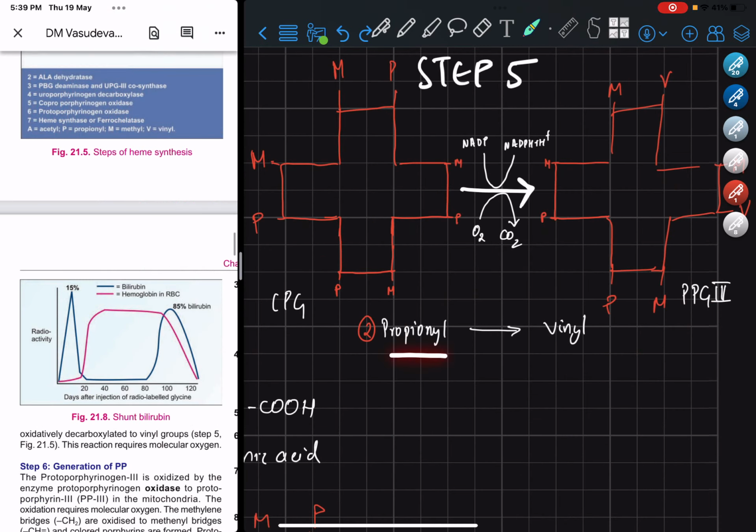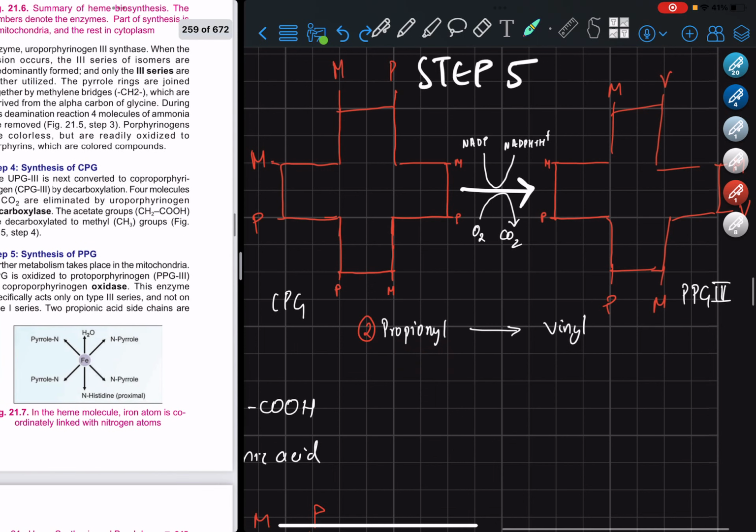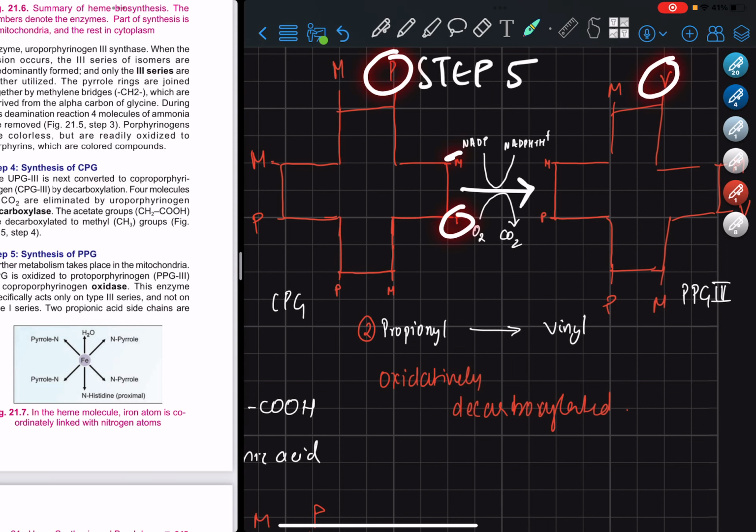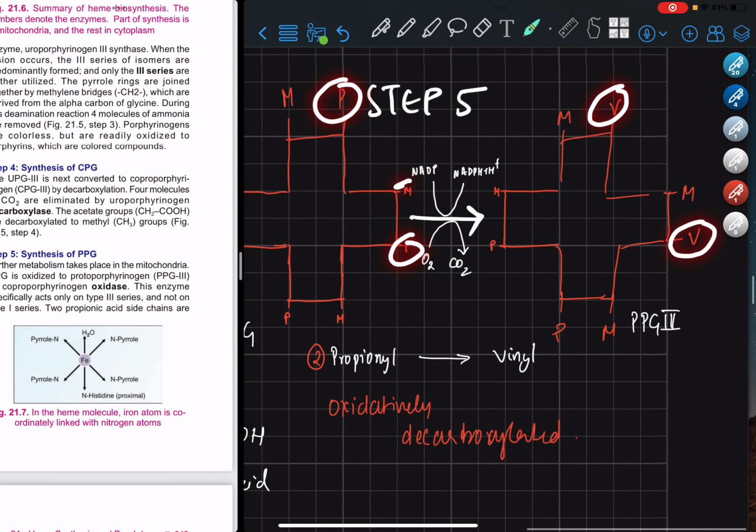So the 2 propionyl side chains are oxidatively decarboxylated. That's what happens, oxidative decarboxylation.